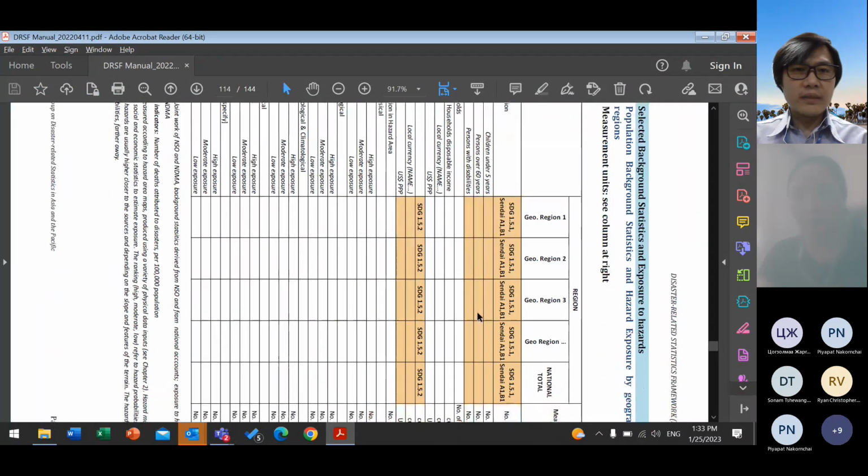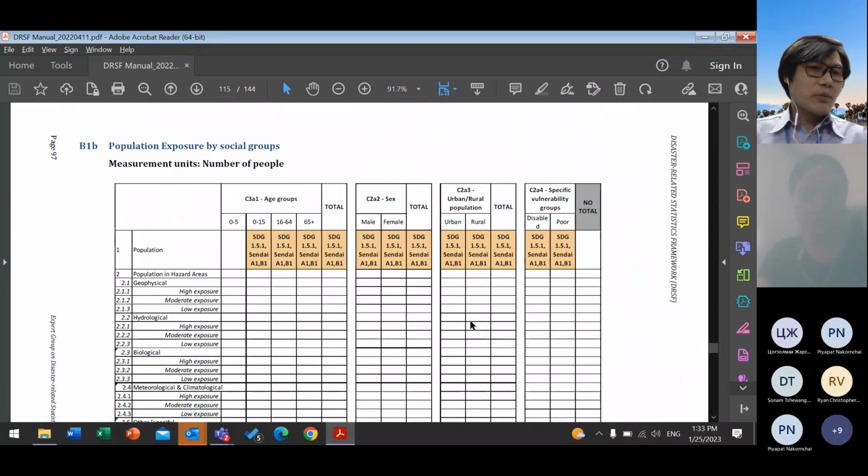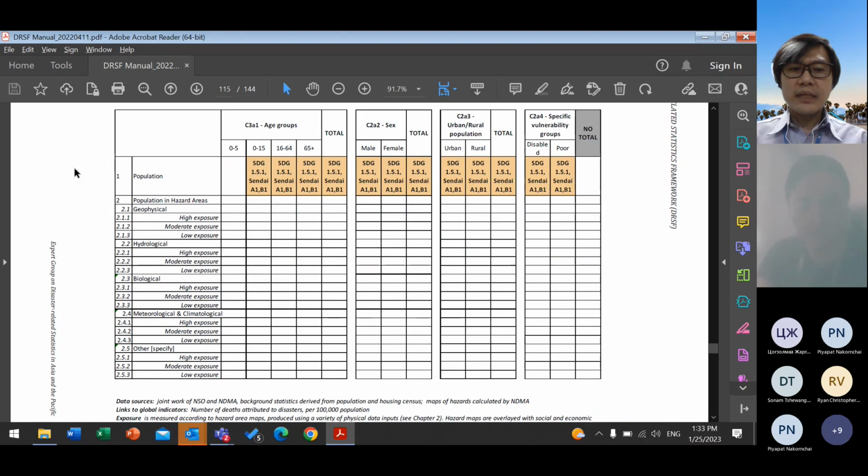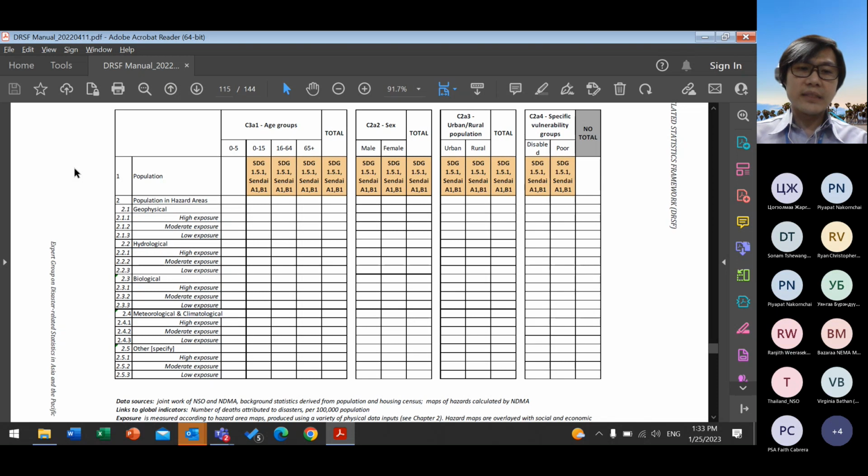Right, so table B1B centers around understanding the population exposure to disaster, disaggregated by types of social groups. If we look at the rows, maybe we can start from the rows. We have different types of disaster, either geophysical, like earthquake, hydrological, like flood, biological, meteorological, climatological, and other types of disaster.